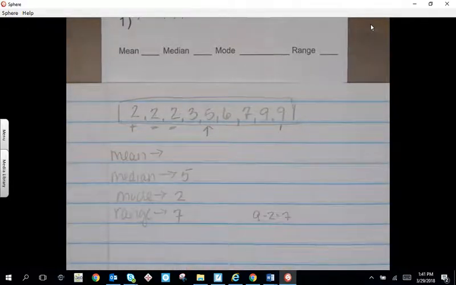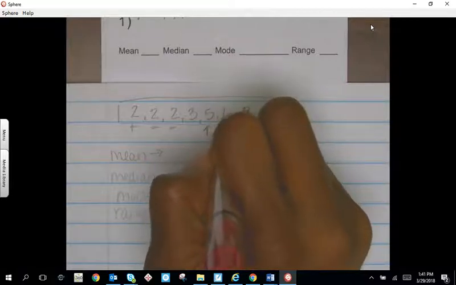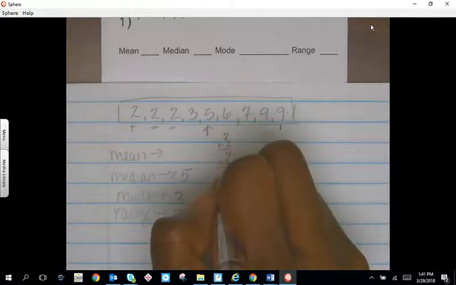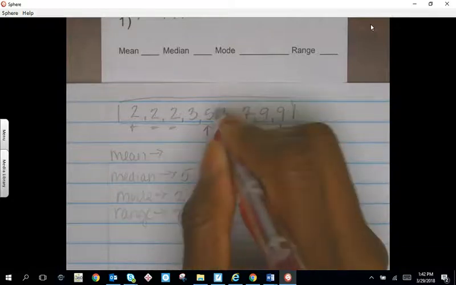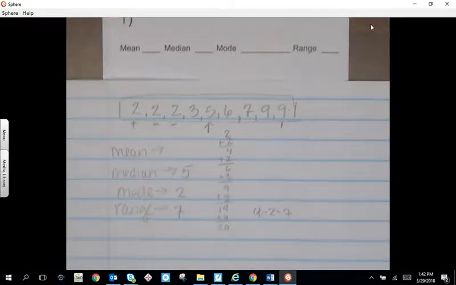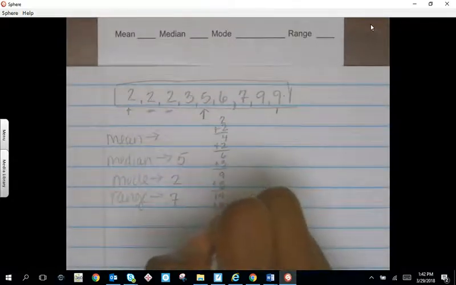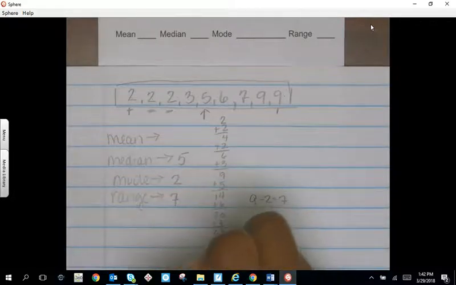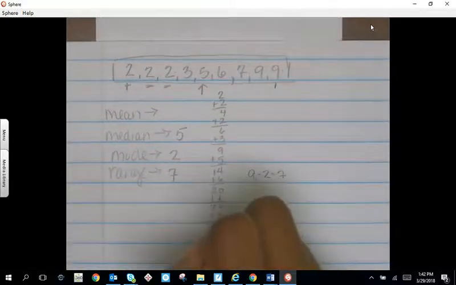Now, my mean takes a little bit of work. Remember, I have to add all these numbers together. So let's do that. I have 2 plus 2 is 4, plus 2 is 6, plus 3 is 9, plus 5 is 14, plus 6 is 20, plus 7 is 27, plus 9 is 36, plus 9 is 45.